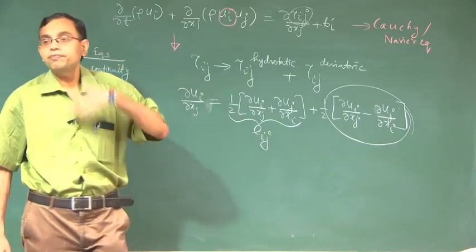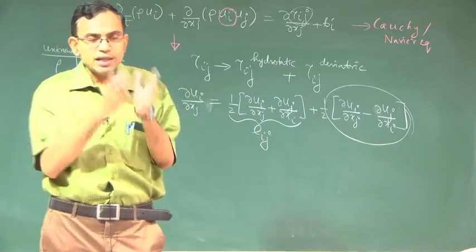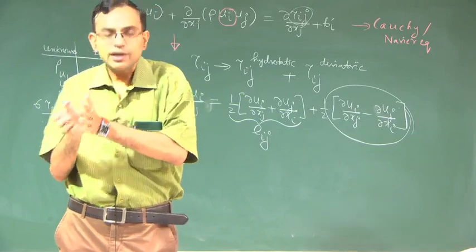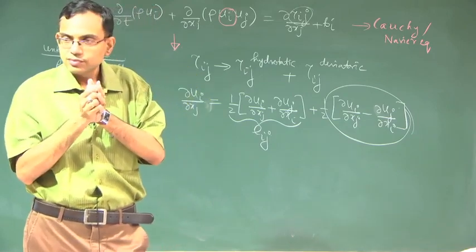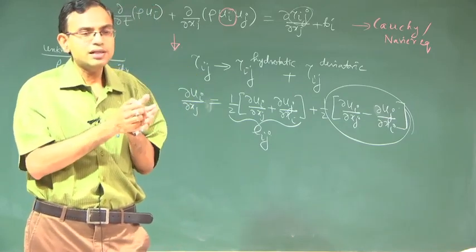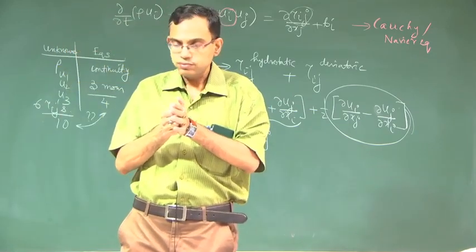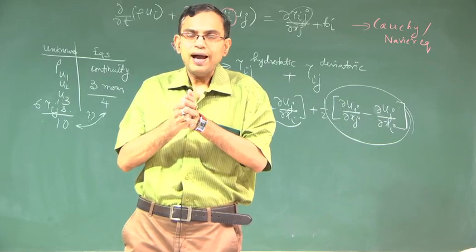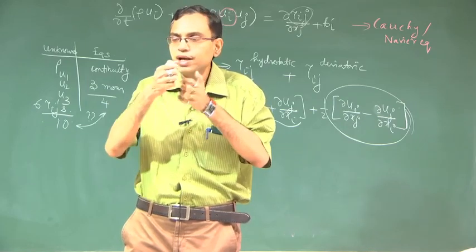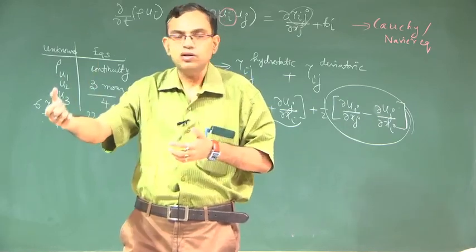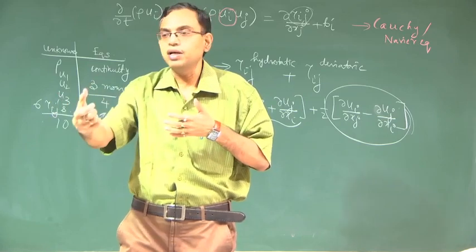The question is what kind of mapping? That is, tau ij is related to the rate of deformation tensor. Tau ij is a second order tensor, and the rate of deformation is also a second order tensor. So, we need to have a relationship between one second order tensor and another second order tensor. It could be linear or non-linear.